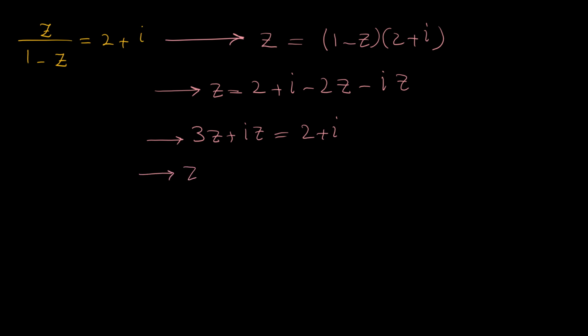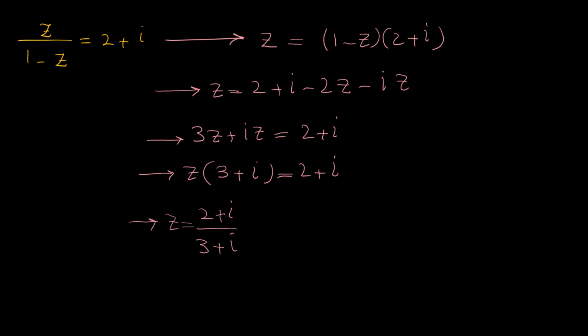Now for finding z, we factor z and then we have z times 3 plus i equals 2 plus i. From here, z equals 2 plus i over 3 plus i. Again, here you should not leave z in this form.